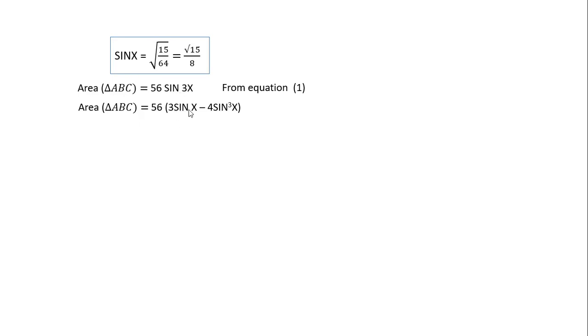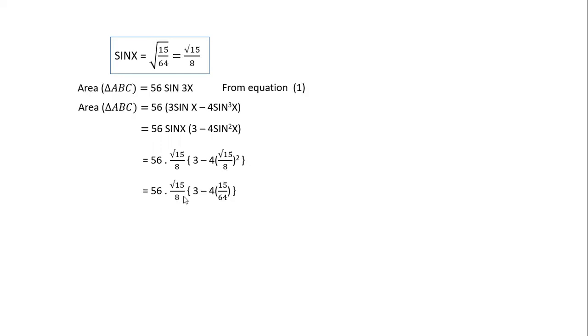Now you have a sine here, so let us take one sine common. You take out one sine common, so it will become 3 minus 4 sine square x. Sine x value you have found, so let's put the value here. So 56 into root 15 upon 8 into 3 minus 4 into root 15 upon 8 whole square.